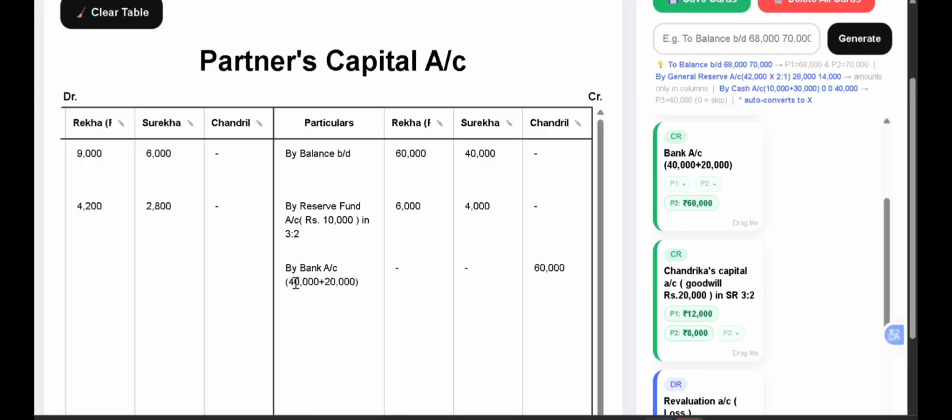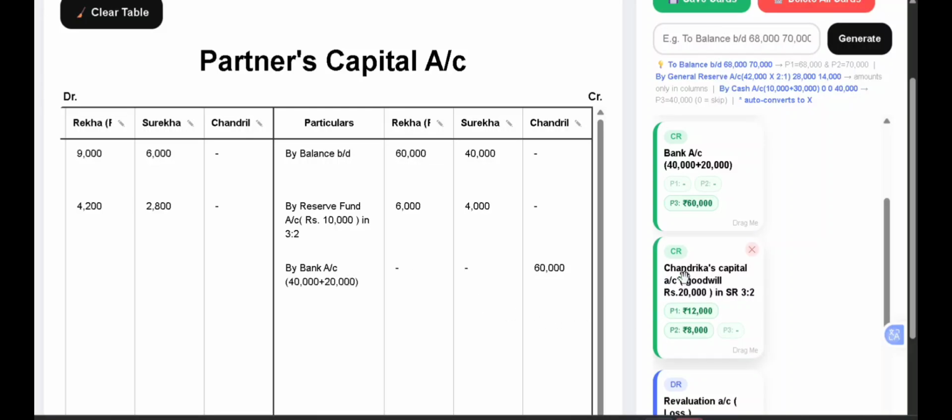Now here Chandrika brings in 20,000 as goodwill. Now this goodwill is brought in by Chandrika for the old partners for their sacrifice. So we are going to distribute Chandrika's goodwill which is brought in to the old partners in their sacrifice ratio. So we are going to write it as by Chandrika's capital account.